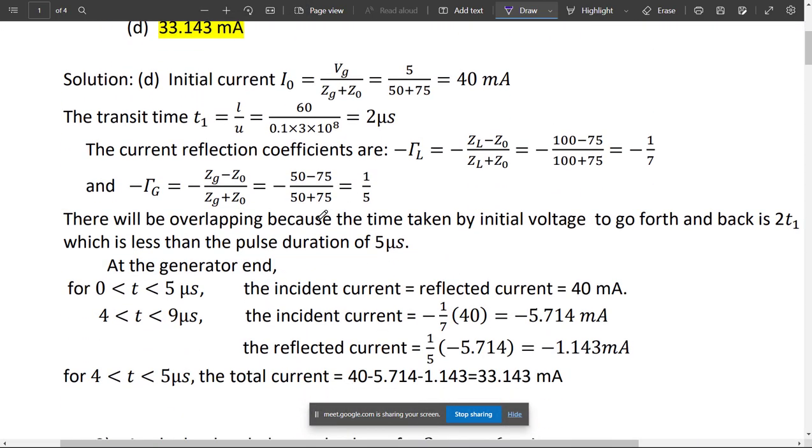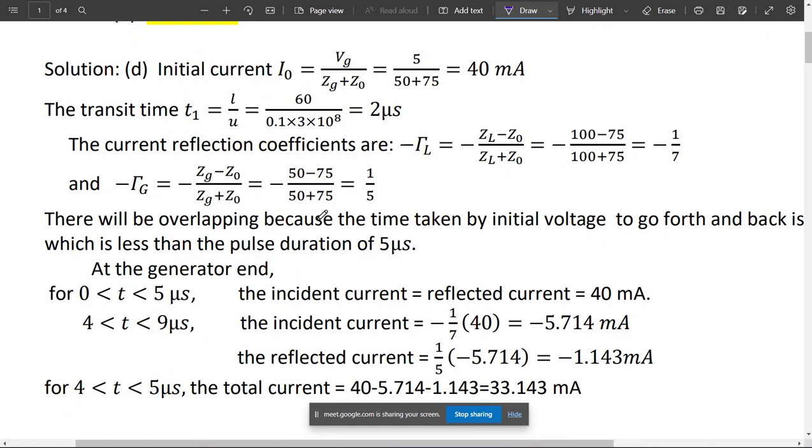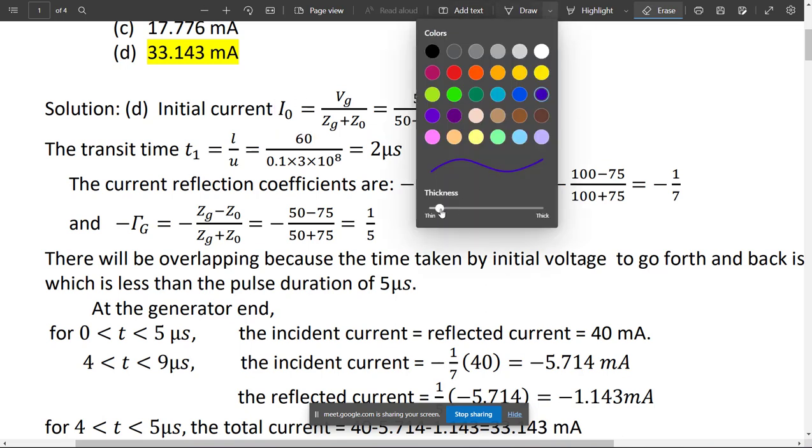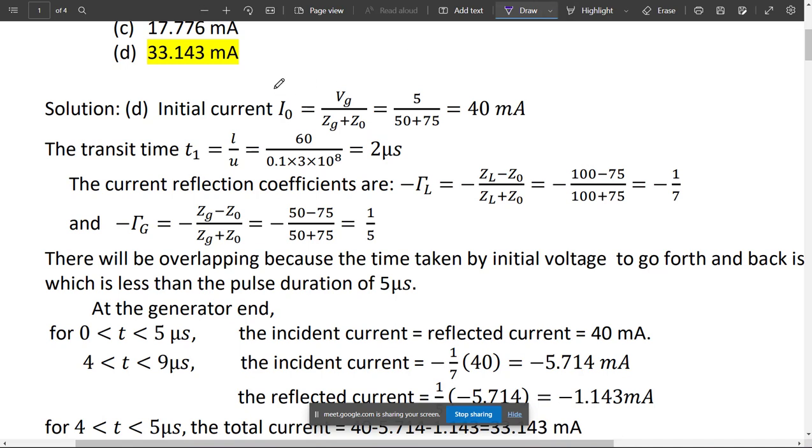First we have to find out the steady state current. First we will calculate the initial current.